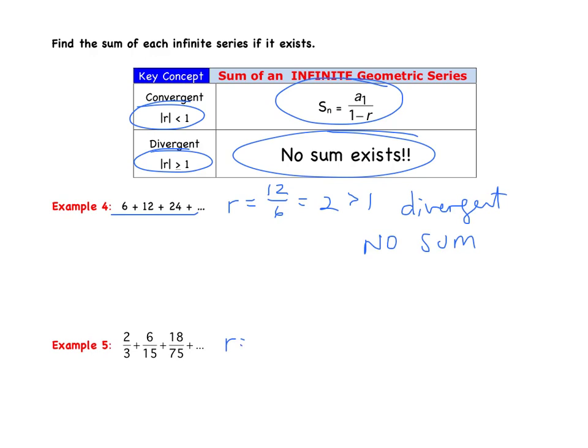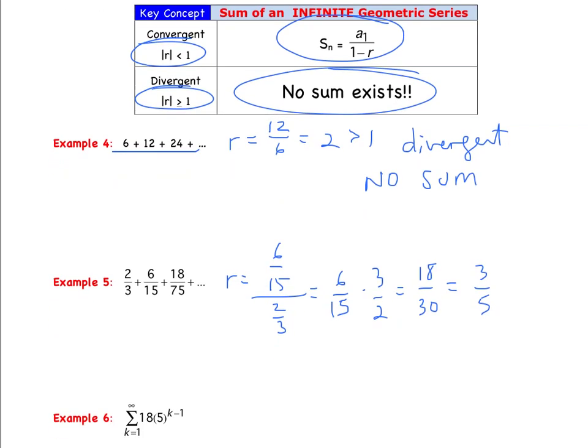If I were to take my 6/15 and divide by 2/3, we just did an example like this, numerator times the reciprocal of the denominator, multiply straight across, 18/30. If I simplify 18/30 by dividing by 6, I get 3/5. Now that means that it is convergent.